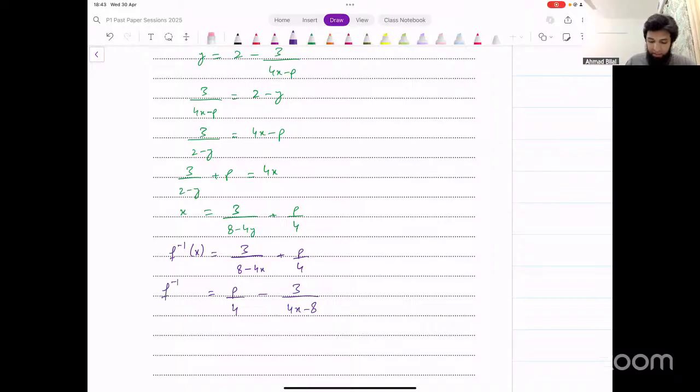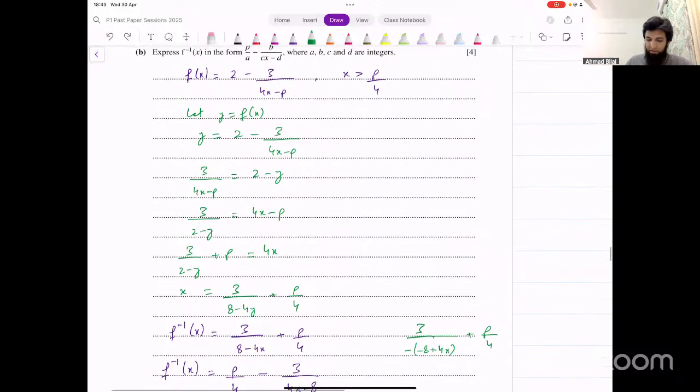That is f inverse of x. You can write it like this. In the denominator, I've taken minus common outside. So that leaves me with minus 8 plus 4x inside, which becomes 4x minus 8. And this minus I've written with the fraction. And that's the result that we wanted.